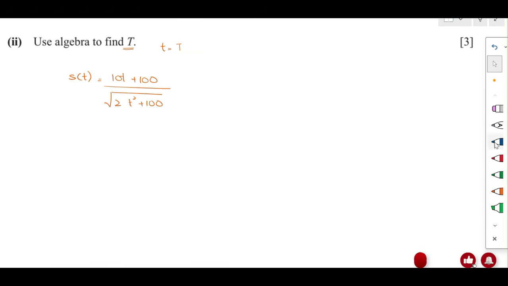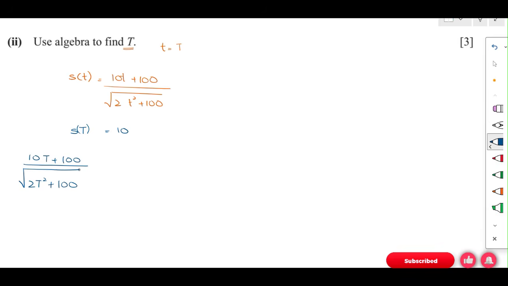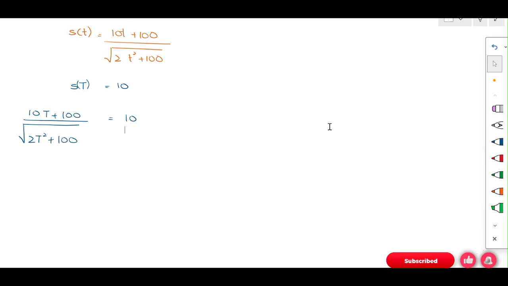Okay, so as we all know, the displacement at capital T is also equal to 10, right? So just write down displacement at capital T: 10T plus 100 divided by root 2T square plus 100, that is equal to 10. Okay, now we have to solve for T.